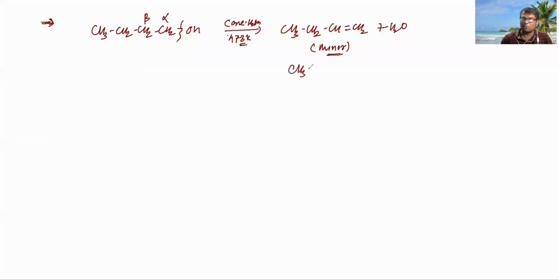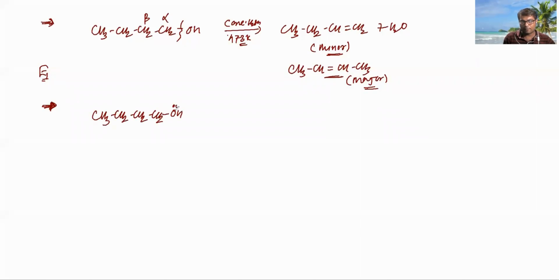The major product of the reaction is CH3CH=CHCH3. How does this happen? We need to know the rearrangement of carbocations in dehydration reactions, because it occurs in the E1 mechanism through carbocation formation. Here I have taken n-butyl alcohol with the acid catalyst H2SO4, meaning H positive.